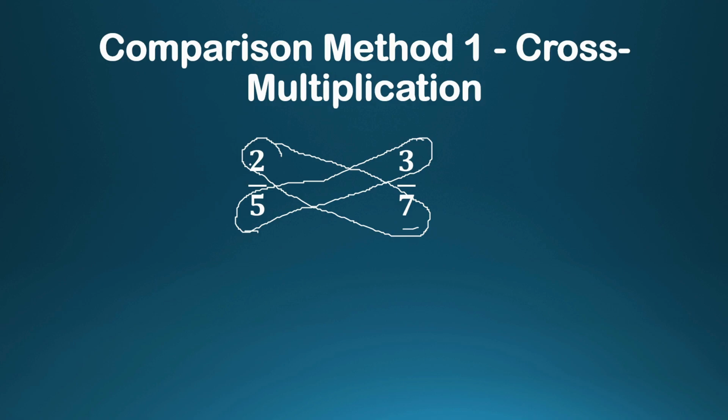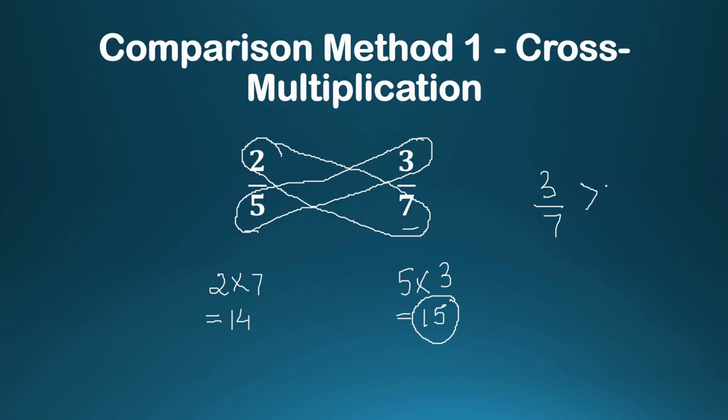So here, 2 times 7 is equal to 14. Over here, 5 times 3 is equal to 15. As you can see, the product is bigger in the case of the second fraction, on the right side. So the fraction on the right side will be greater. So we can say 3/7 is greater than 2/5. Isn't that a simple and very quick method?